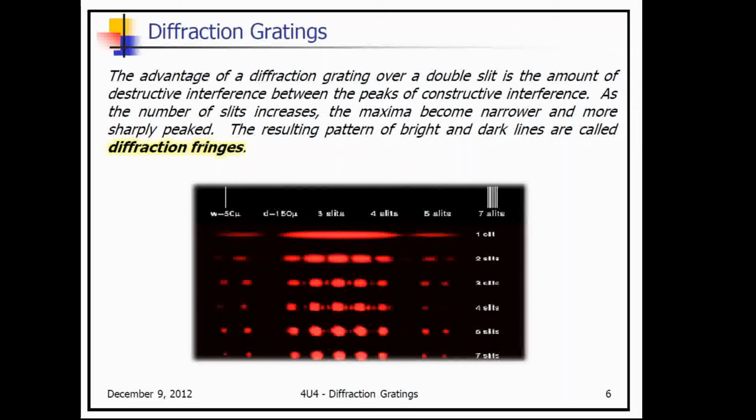To show you how it's easier, let's look at a series of slit experiments here. This image isn't very good, but the first row is a single slit. You have that central bright fringe, and then other fringes, so you can count 3 bright fringes.